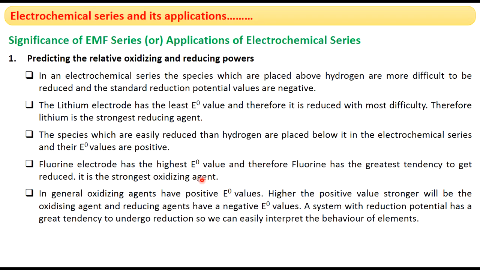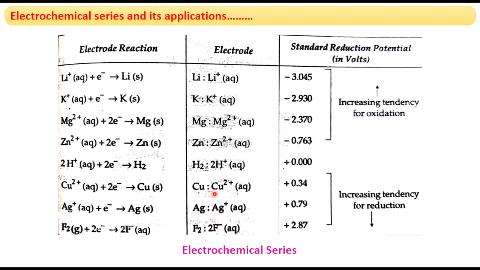When it is easily reduced, it will oxidize the other electrode faster. In general, oxidizing agents have positive E0 values. So the electrodes placed below hydrogen are all better oxidizing agents as they have positive SRP values.